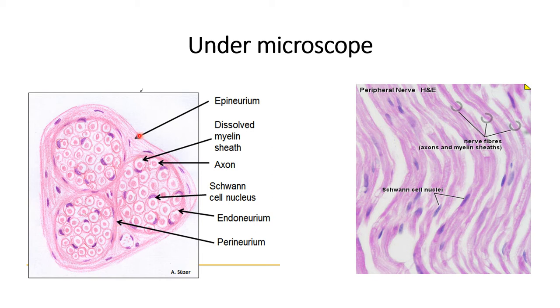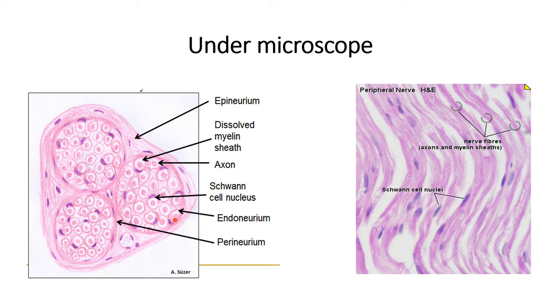So the epineurium was the outermost covering, then covering the nerve fibers is the perineurium, which also functions as a diffusion barrier or also called the blood nerve barrier.